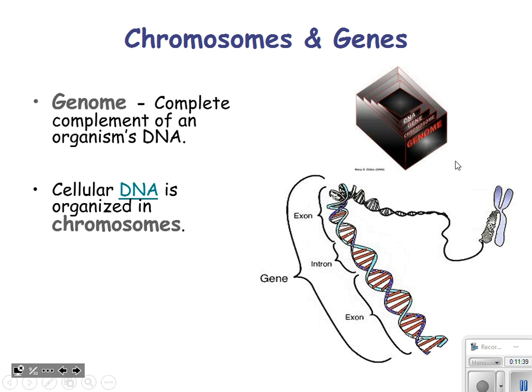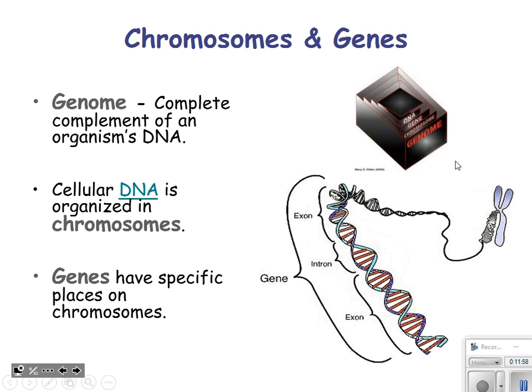Cellular DNA, we know, is organized in what we call chromosomes. We just talked about those chromosomes. The DNA is wrapped around the histones to form the chromosome. Chromosomes have what we call genes.